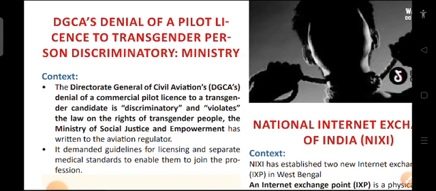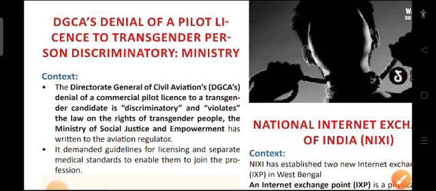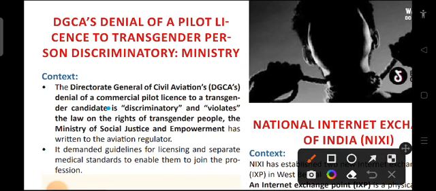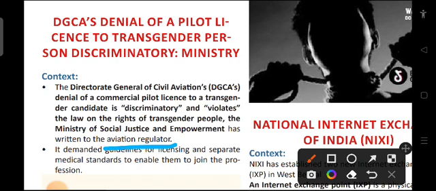DGCA: is denial of pilot license to a transgender person discriminatory? Ministry. So what is this DGCA issue? The context is that the Director General of Civil Aviation DGCA's denial of a commercial pilot license to a transgender candidate is discriminatory and violates the law on the rights of transgender people, and the Ministry of Social Justice and Empowerment has written to the aviation regulator.